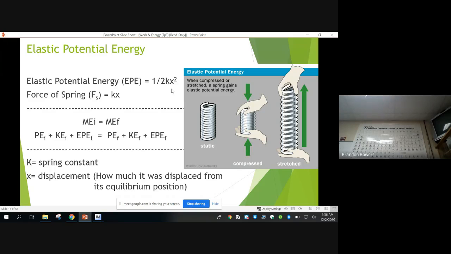So if you look at this, we know mechanical energy, initial is equal to final. So this is what we originally had. We're just adding the elastic potential energy. Does that kind of make sense? Got those two equations down.